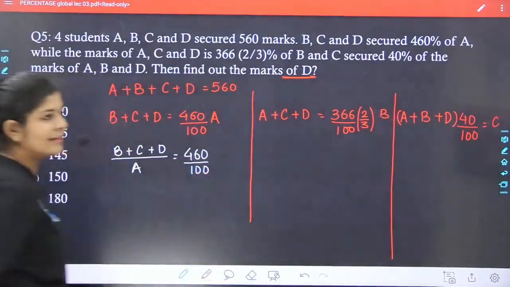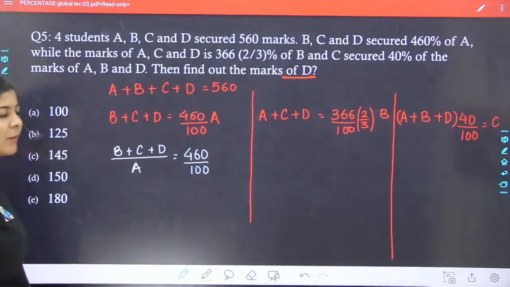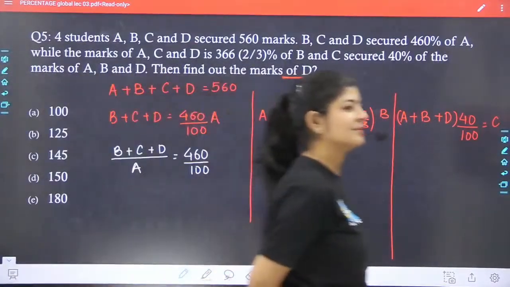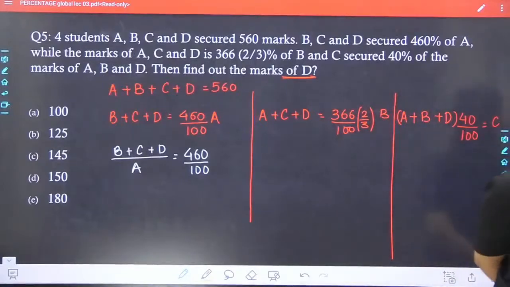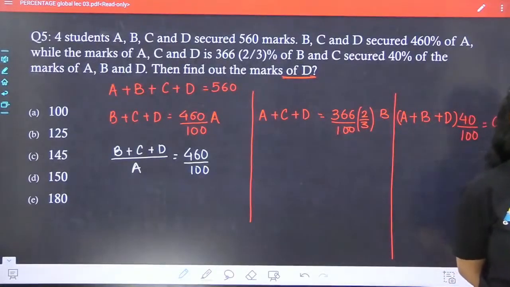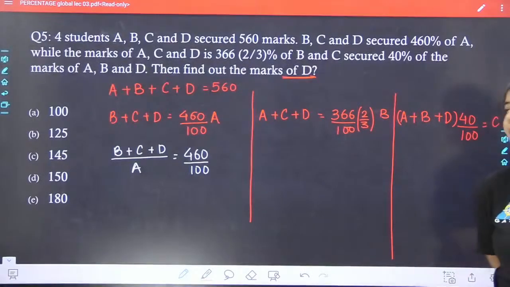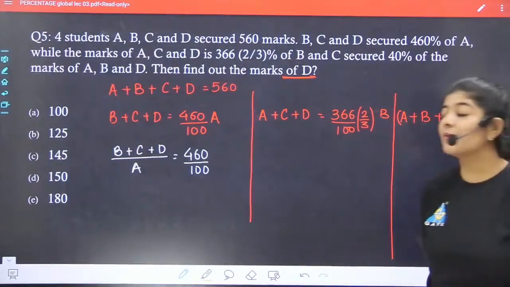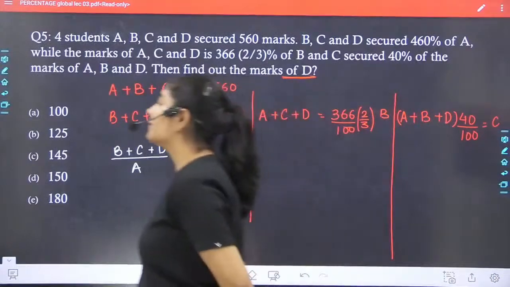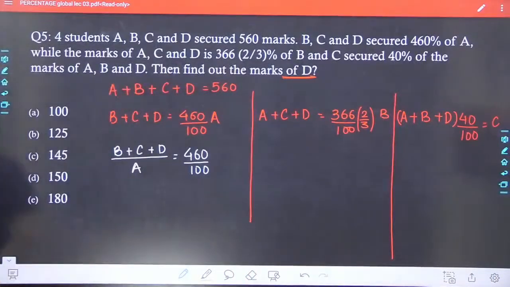I can write it like this, right? Okay, 1 minute more. We have four simple equations, and we have four variables.